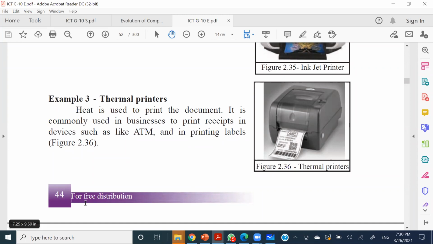And you can find the thermal printers, like I said, with the ATM machines and with some institutions, and as well as on the conductor's hand, the ticket machine, you can see the thermal printer.